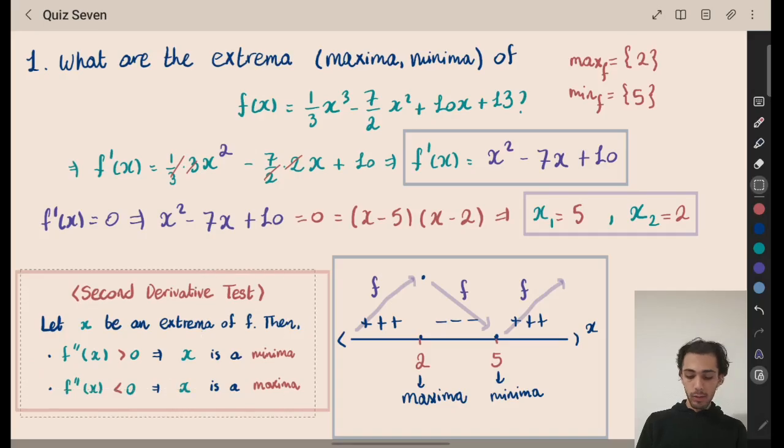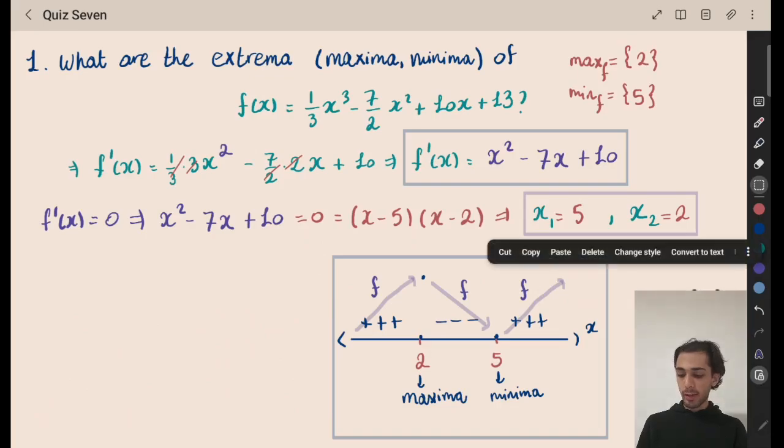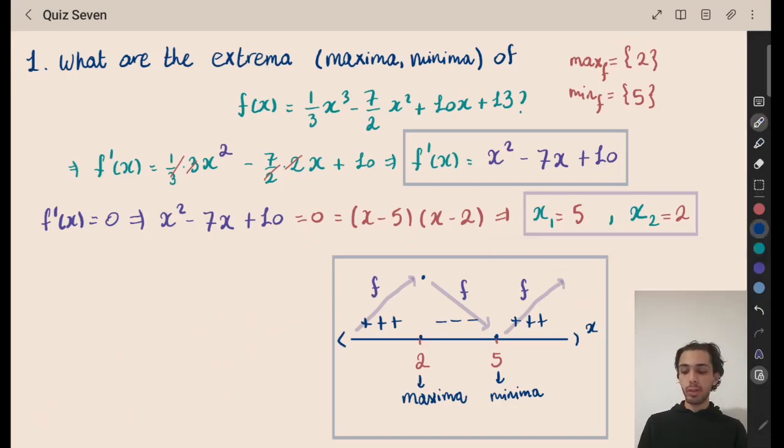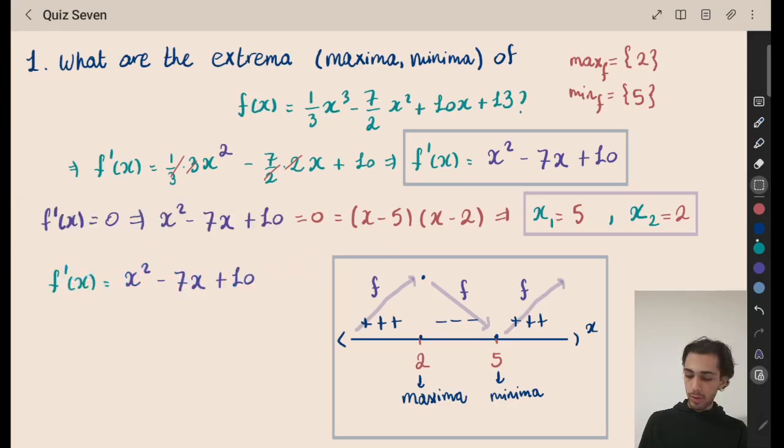So let us actually apply this test, just for the sake of applying it. Just giving you different machinery to be able to solve this problem. So we know this is the first derivative. The second derivative will be the derivative of the first derivative. I hope that is not too difficult to follow.